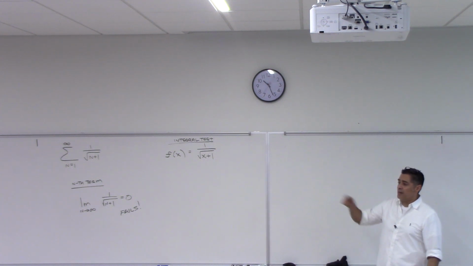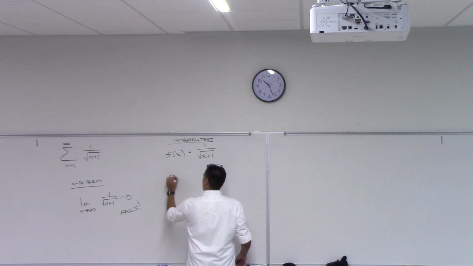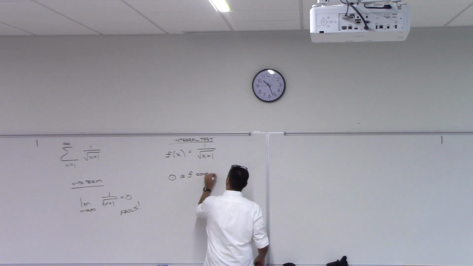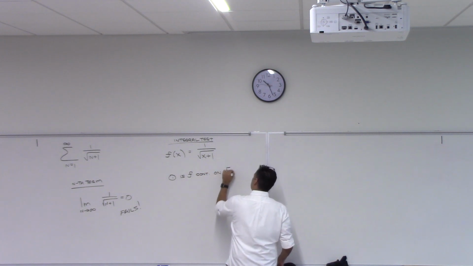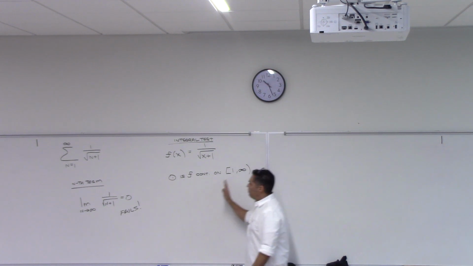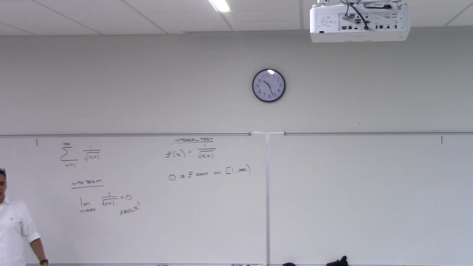I've got to check the conditions. First, is this function f continuous? I only need it to be continuous on the interval 1 to infinity. Why? Because I'm only going to integrate it from 1 to infinity, so I only need it to be defined there. There is a problem with that function at -1, do you all agree? But I don't need to worry about that because I'm only going from 1 to infinity.